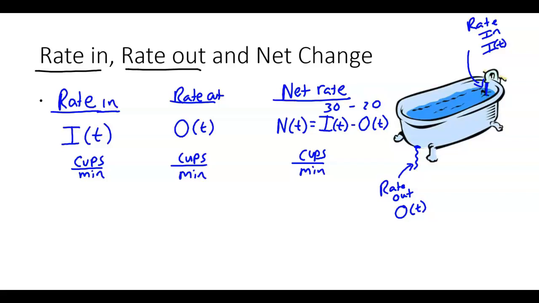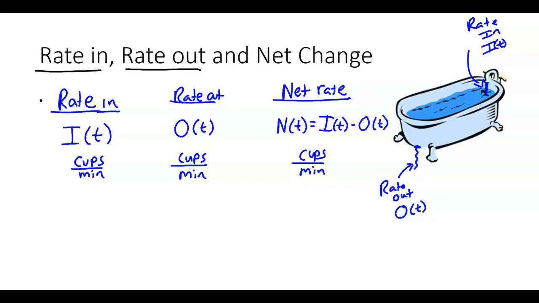It would be increasing because the water's coming in at a faster rate than it's leaving. And the overall rate of change would be 10, because while we're adding 30 every minute, we're also losing 20 every minute. So altogether, we're getting a net increase of 10 per minute. And so that would be my net rate. So if you take the rate in and subtract from it the rate out, then you get the net rate.